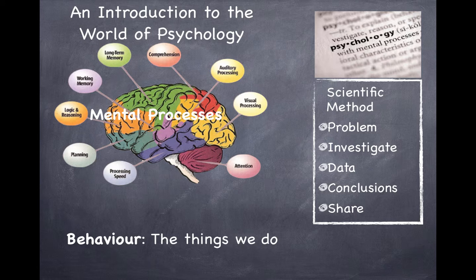This is a simplified version: you identify a research problem, you design a study and investigate that research problem, you collect and analyze data, you draw conclusions, and you communicate your findings.